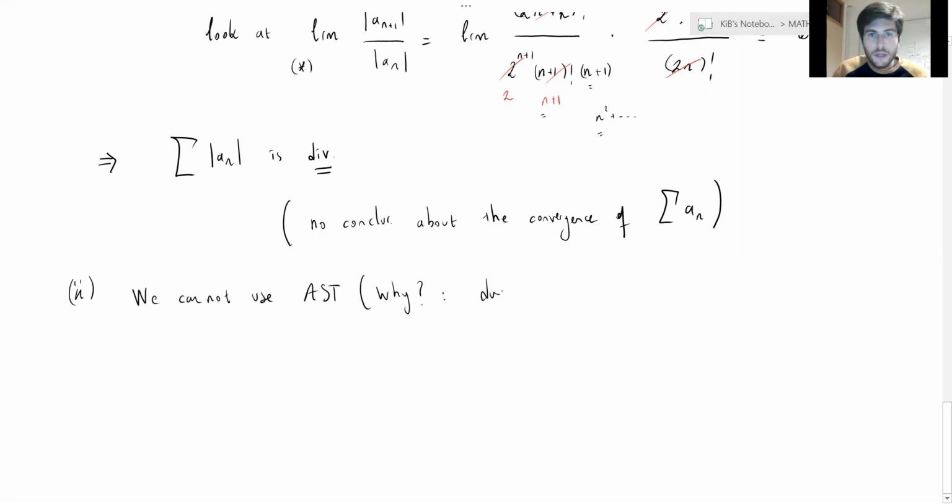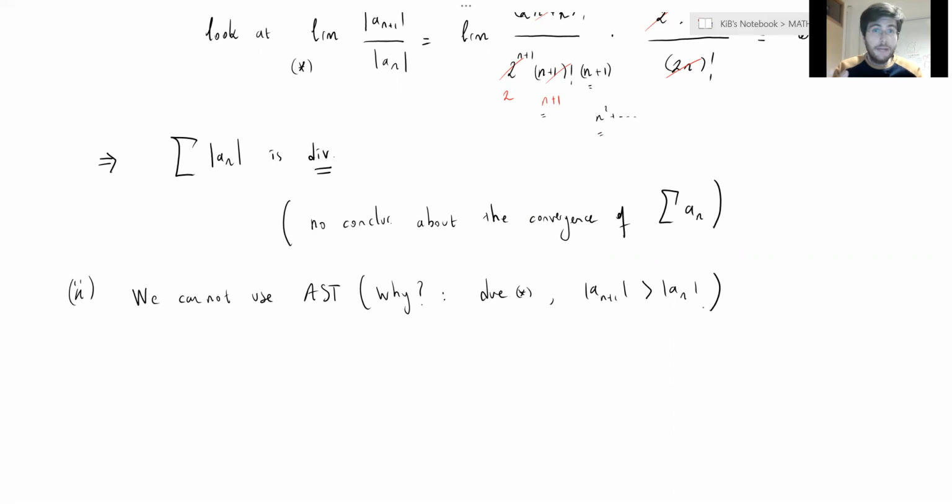Due to star, you can see that the absolute value of a_{n+1} is greater than a_n for large n. So therefore, it's not decreasing. So it's not a suitable series for us to use alternating series tests.